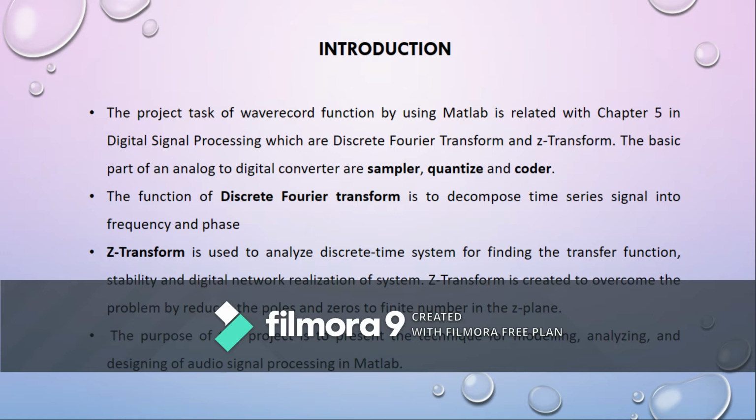Therefore, the Z transform is used to reduce the poles and zeros to a finite number in the Z plane by using the equation Z equals exponential sT. The Z transform is used to analyze discrete time systems for finding the transfer function, stability, and digital network realization of the system.